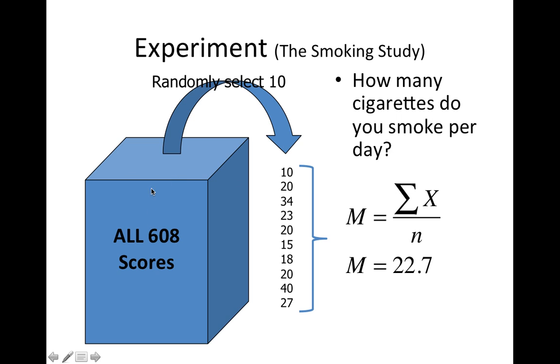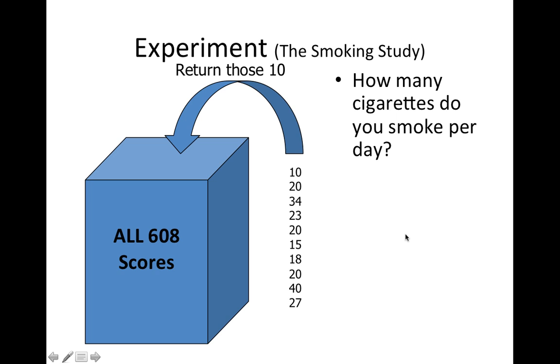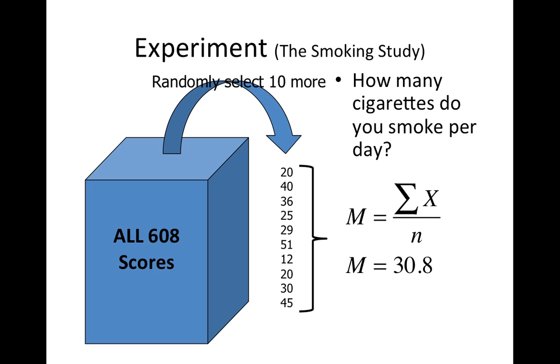That means that a single sample taken from all 608 scores gave us a mean of 22.7. Now, if we throw those scores back in and take a new random sample, we get a different mean, 30.8. Well, that makes sense. Sometimes we're going to get higher scores, sometimes lower scores. Remember, we're selecting 10 randomly out of 608. We're not always going to get exactly the same mean. They're going to be different from sample to sample.